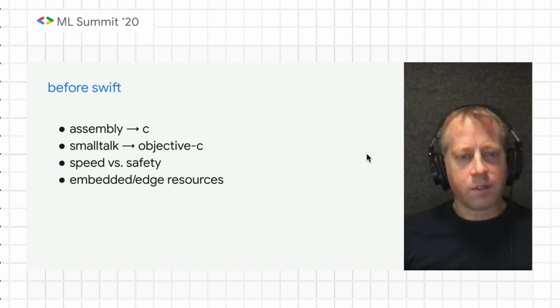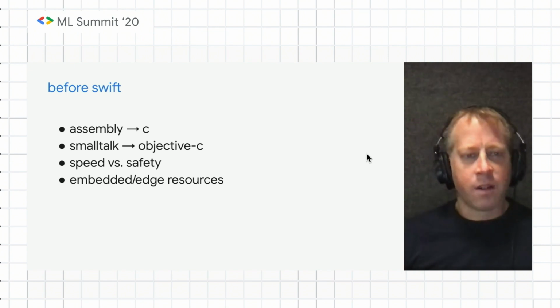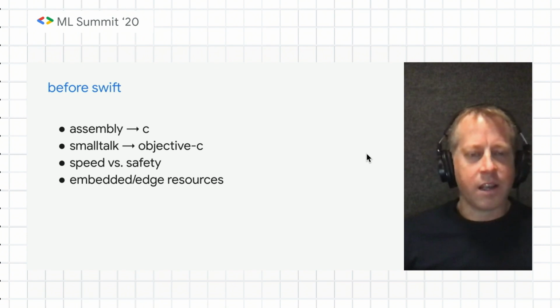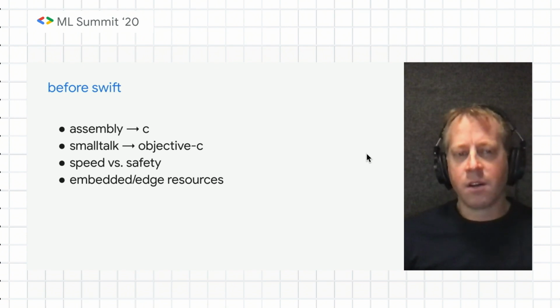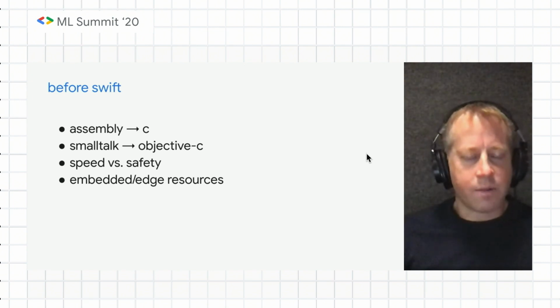But oftentimes, these tools have a cost. So on personal computers, oftentimes, we can just build bigger and faster machines, and we don't have to think as much about this. But in the real world, embedded in edge devices, this usage of resources is a really, really big deal.